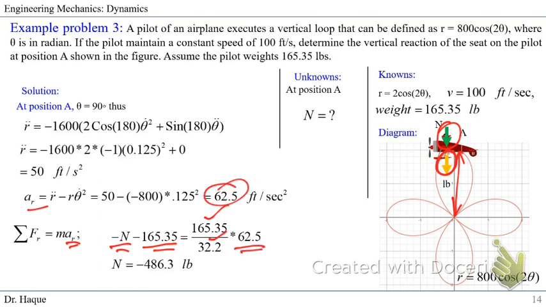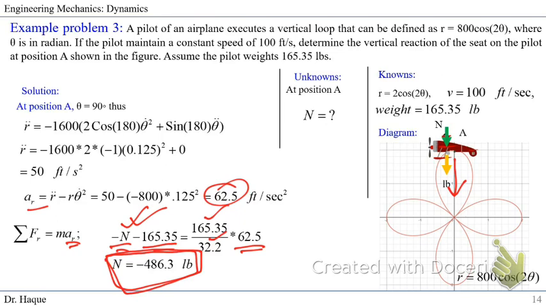If we solve for N, we have only one unknown. We found that N is negative 486.3 pounds. So the pilot at this position at A is feeling a force of negative 486.3 in this direction.